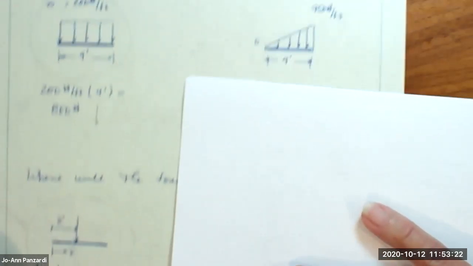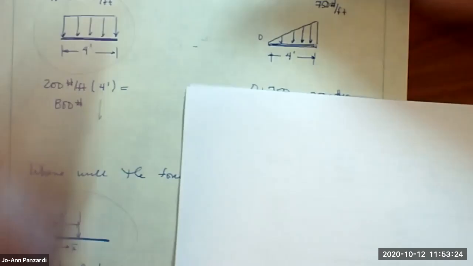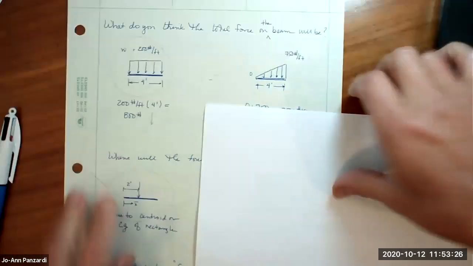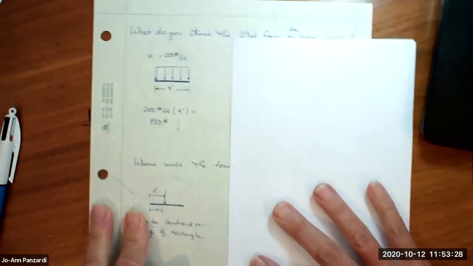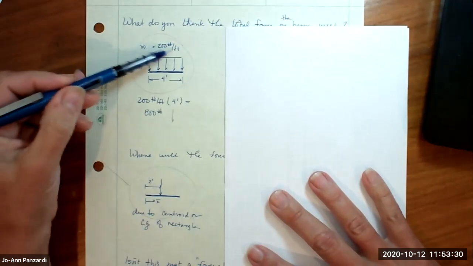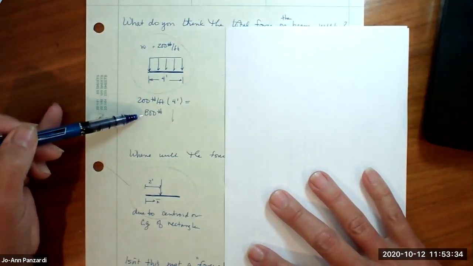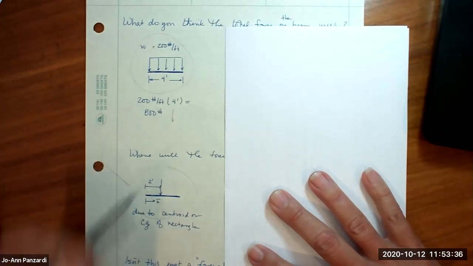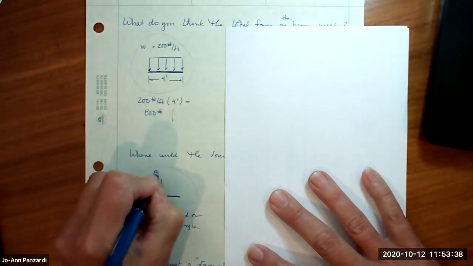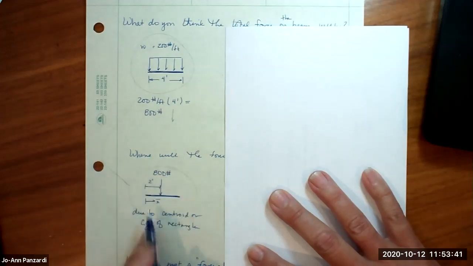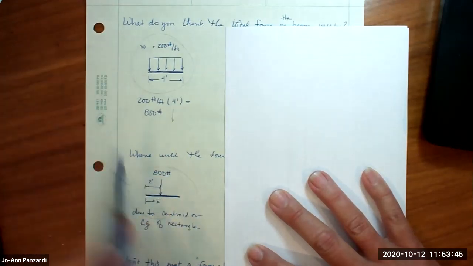So in the end, let me zoom out. I'm giving you 200 pounds per foot spread over 4 feet. You calculated the total load of 800, and sure enough, this 800 pounds would be located halfway. It was 4 feet long, 2 feet over.